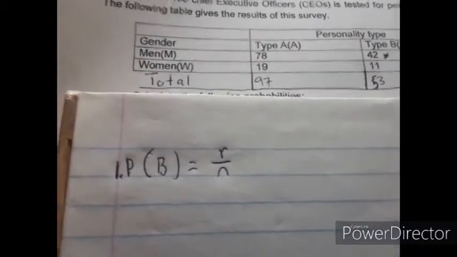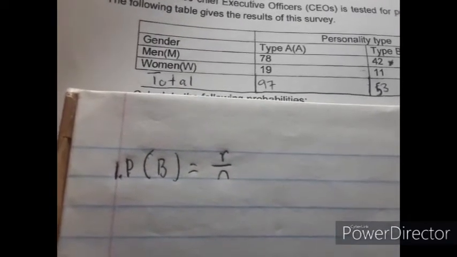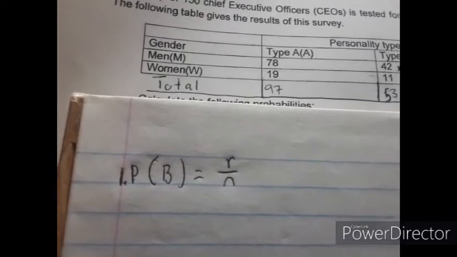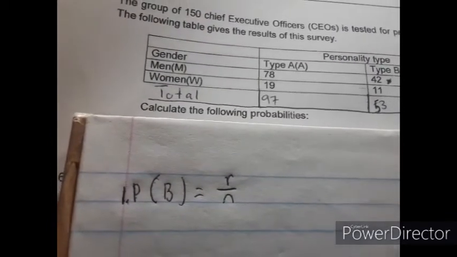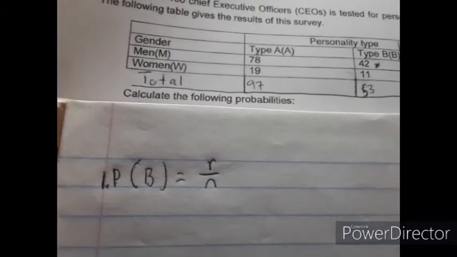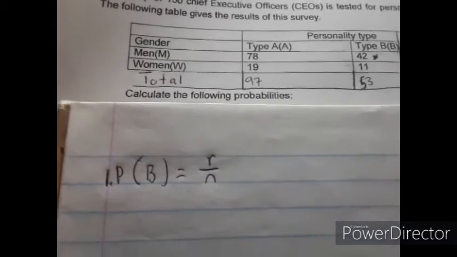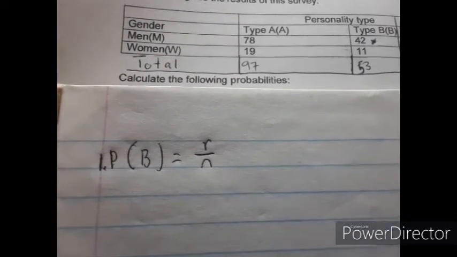It is used when you are calculating a probability for one event. In this case, we are calculating the probability of type B. Type B is a single event, so we use the marginal probability.